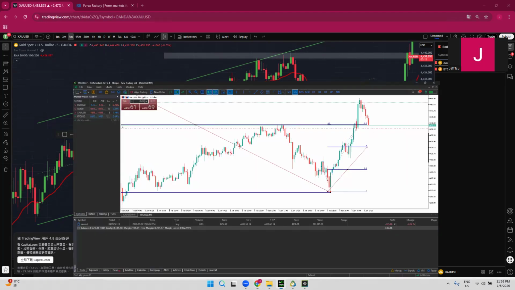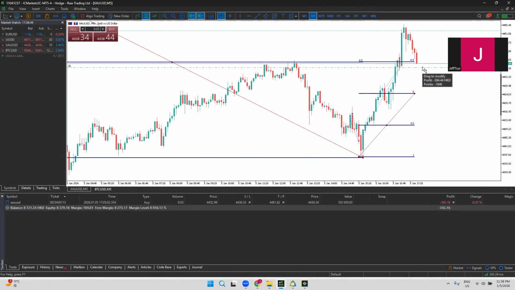Probably it will hit my stop, and I will only win, I would say, 200-something bucks for today. But nevertheless, I'm still in profit on my other accounts, my FTMO 10K funding account and also my Funding Pips account. I would say it's okay.